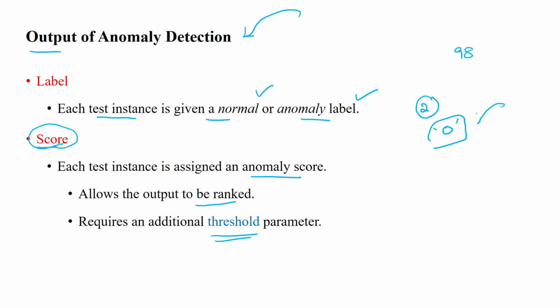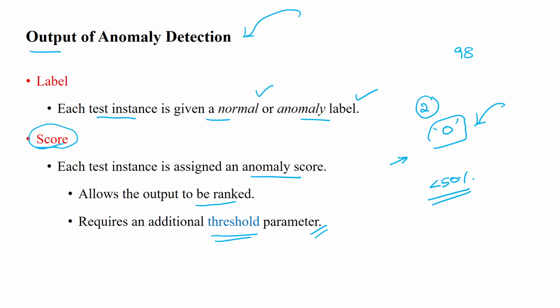So these people are anomalies. Here we have to set the parameter for evaluating that, I mean setting the score, for example less than 50% or 60%. We need to set the threshold value.